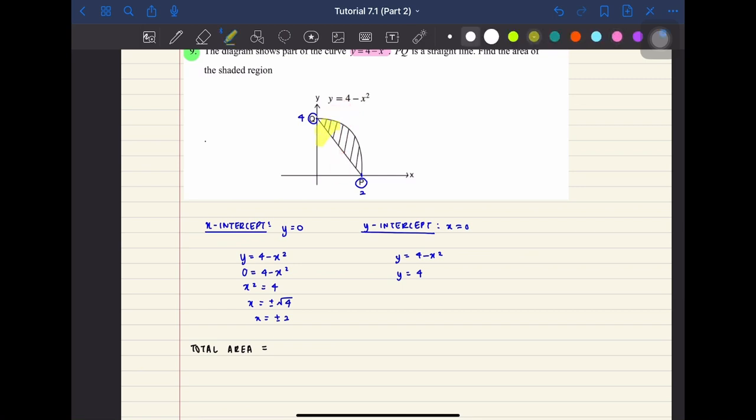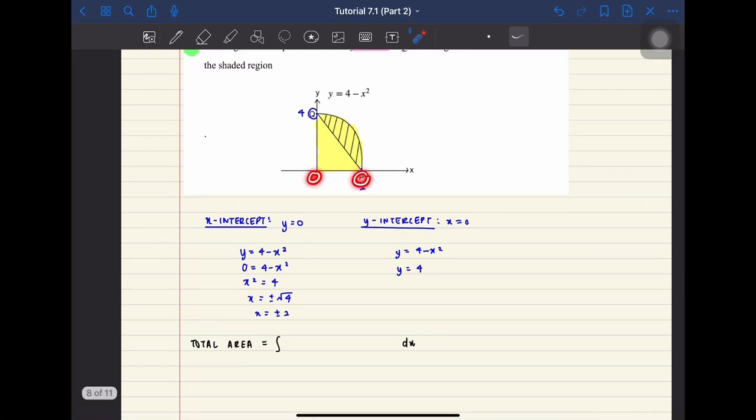So kita nak cari the area yang kuning tu guys. Kita nak cari semua area yang kuning tu. Okay, so kita akan pakai atas tolak bawah kan. So bila pakai atas tolak bawah, kita boleh pakai dx. Kita akan pakai value of x, which is 0 sampai 2. Okay, value limit dia value of x 0 sampai 2, that's why kita pakai dx.